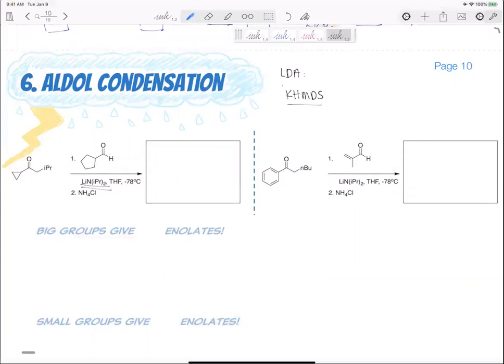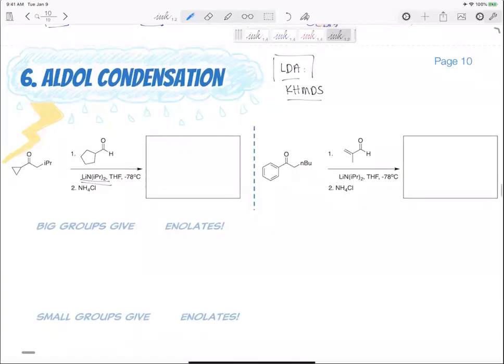You might see either or, but honestly, 99.5% of the time, LDA. So you need an irreversible kinetic base, and really importantly, you need an aldehyde. No aldehydes, no aldol condensation. That's the long story short, okay?